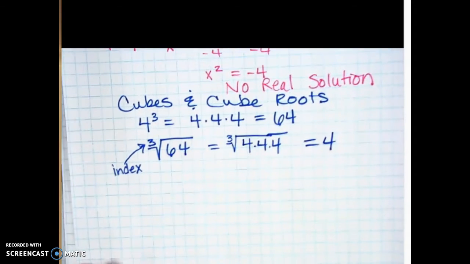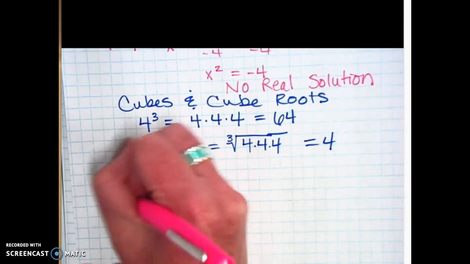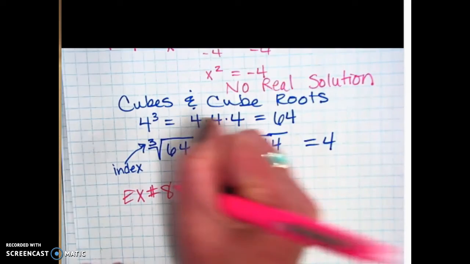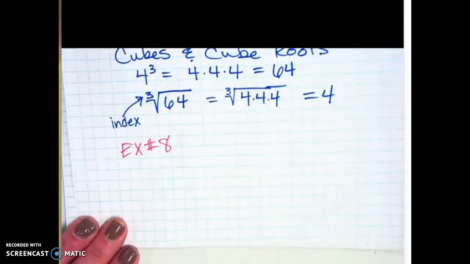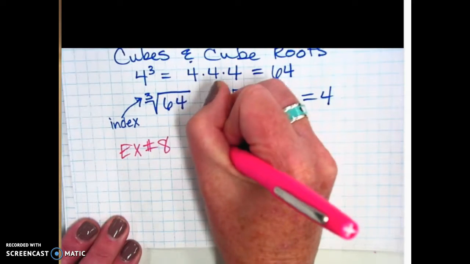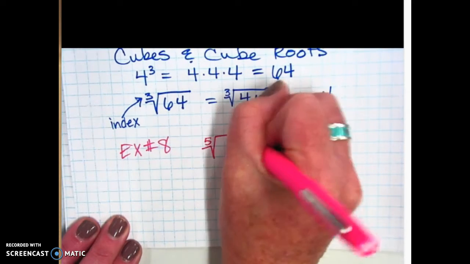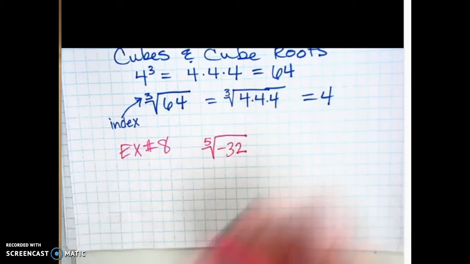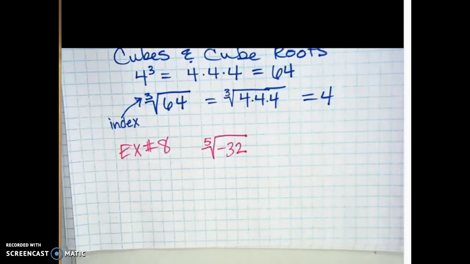When do these get tricky? These get tricky when they throw in some negative signs, okay? So number 8, if we were to take the 5th root of negative 32. You might look at it and say, oh, it should be no real solution.